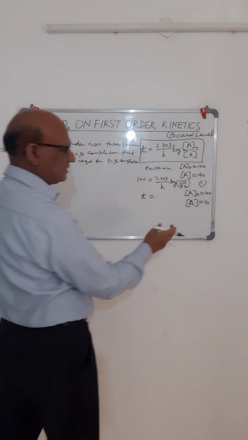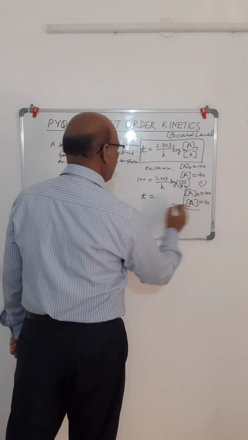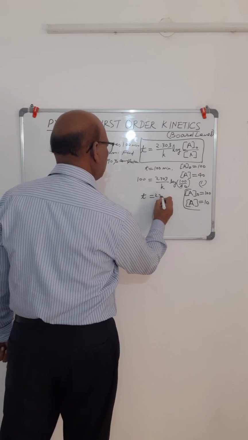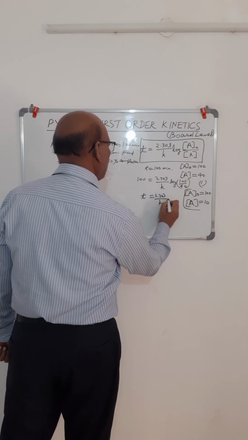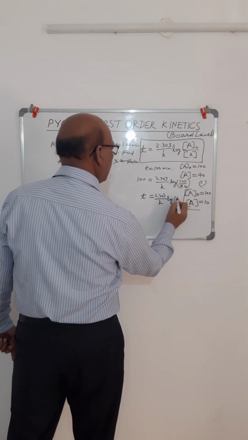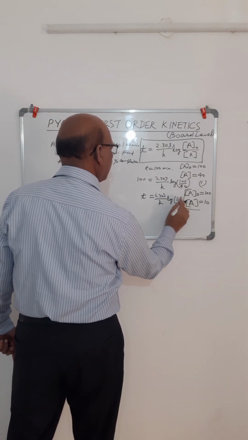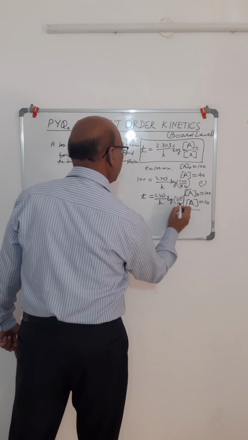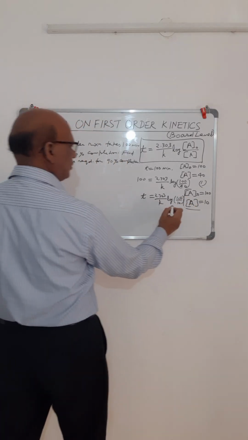So we put in this formula again. We will get T equal to 2.303 upon K log of 100 by 10. So we have got the two equations.